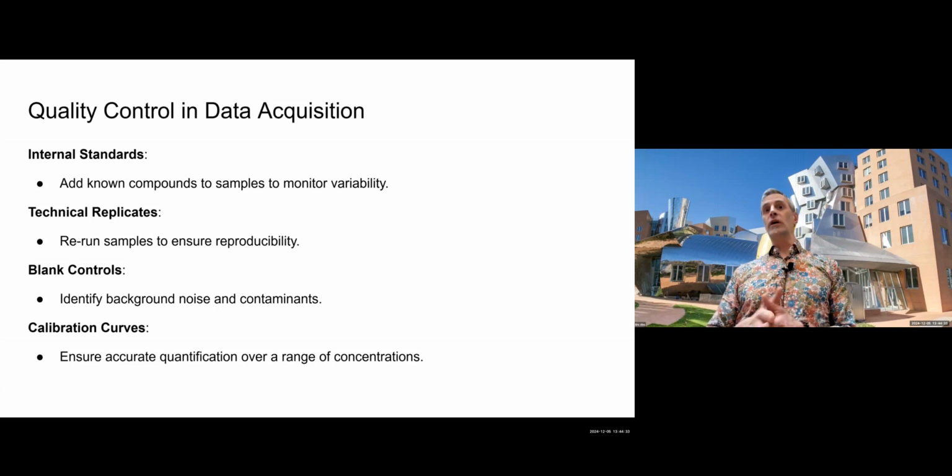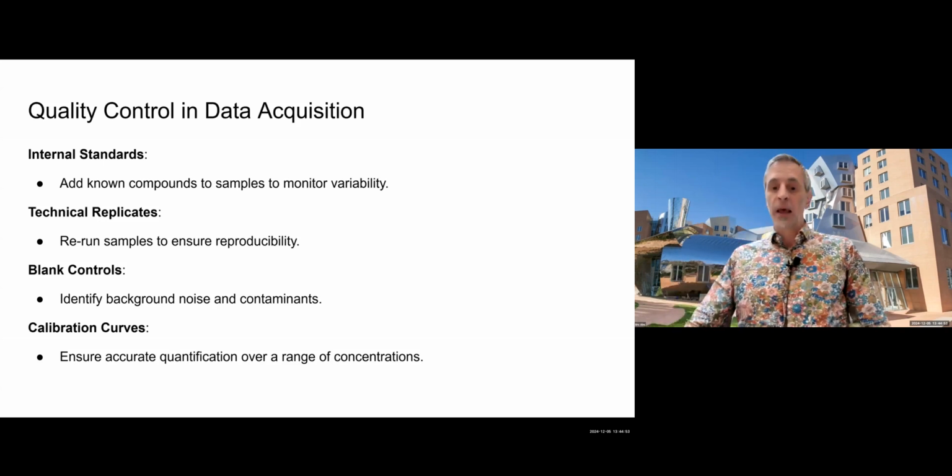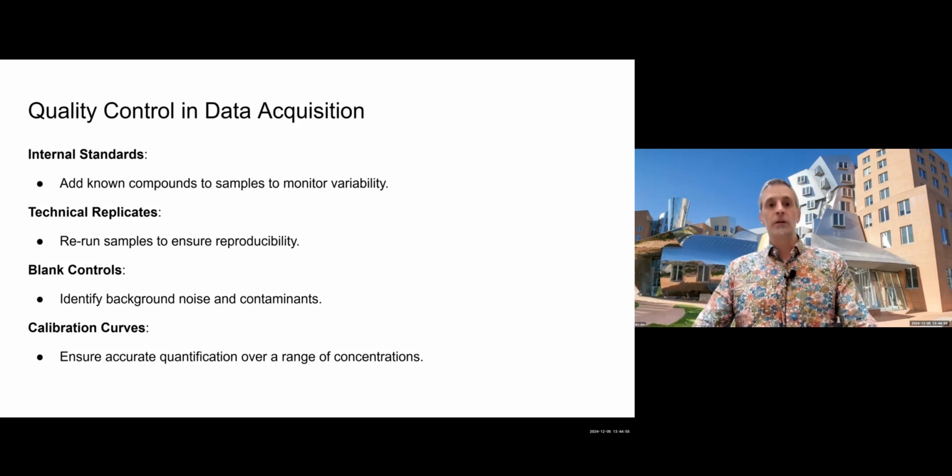And then if we know additionally how much of that standard we put in, we can quantify how much of that compound is in our actual sample by taking a ratio between those two. In general, it is difficult.